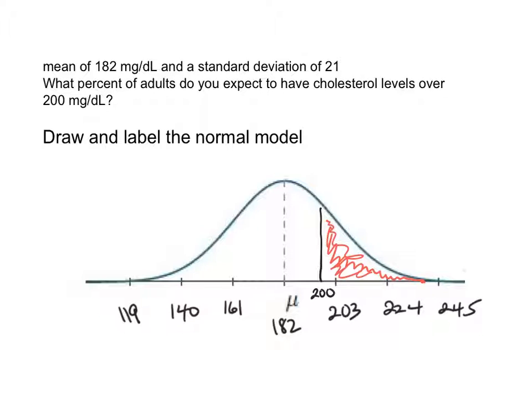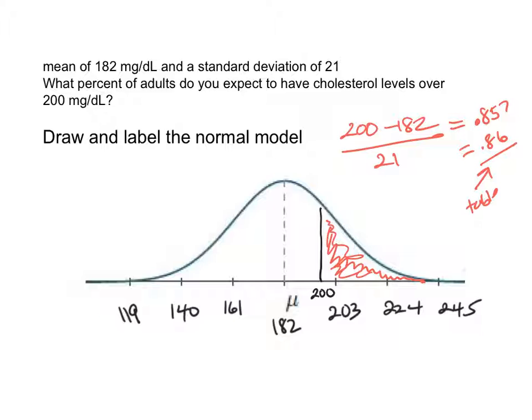So I need to, again, convert my 200 to a z-score. So 200 minus my mean, which is 182, divided by my standard deviation, which is 21. That z-score is 0.857, which I'm going to round to the nearest hundredth, which is 0.86. So this is what you're looking up in the back of the book in the table.